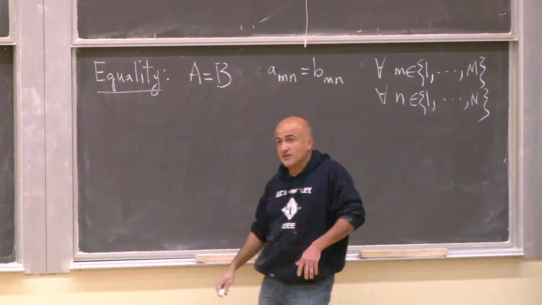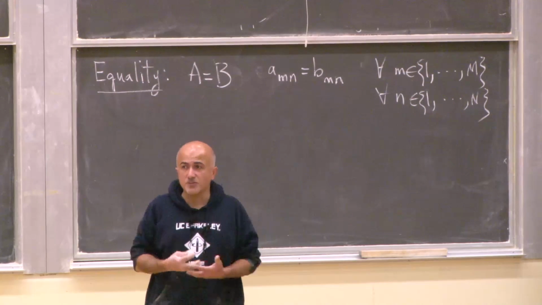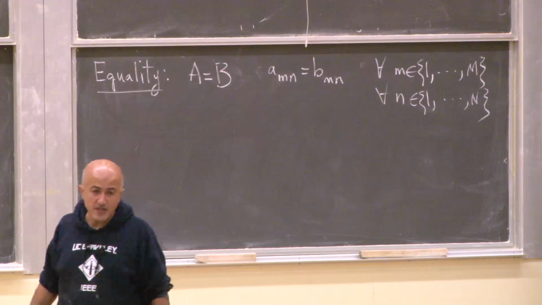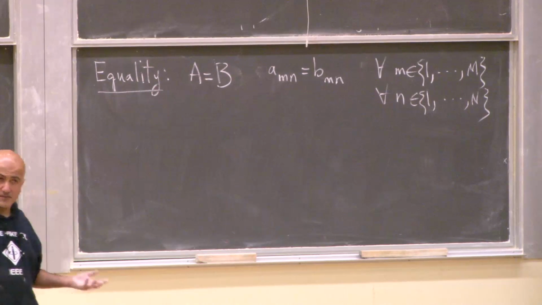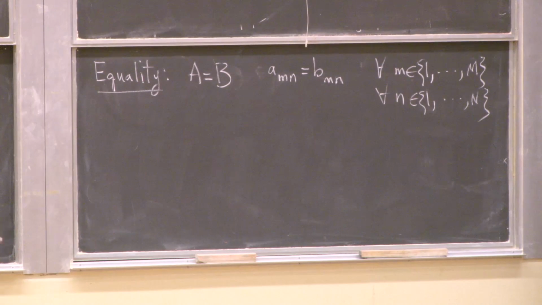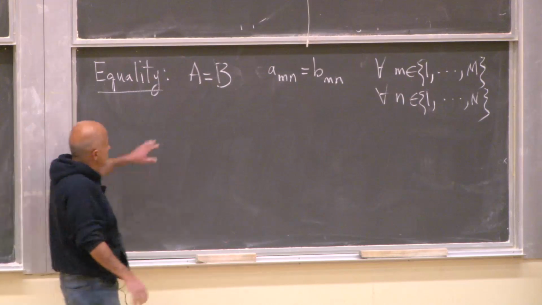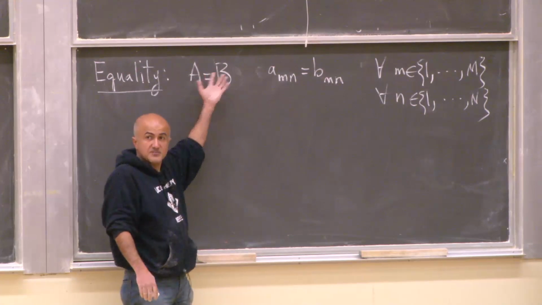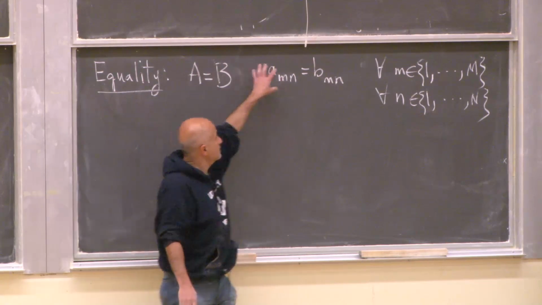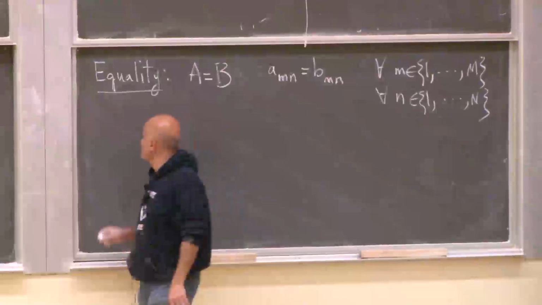A prerequisite for two matrices to be equal is that they have to be of the same size. If they're not of the same size, you can't even talk about equality. So two matrices are equal if they're, first of all, the same size, m by n, and their corresponding entries are equal.